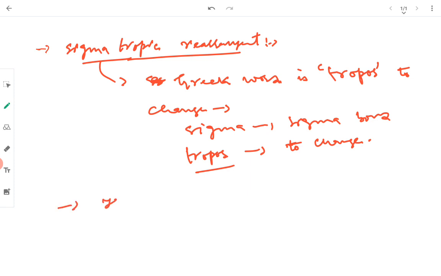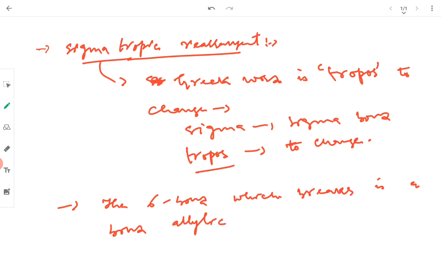the sigma bond which breaks is a bond allylic to a carbon.